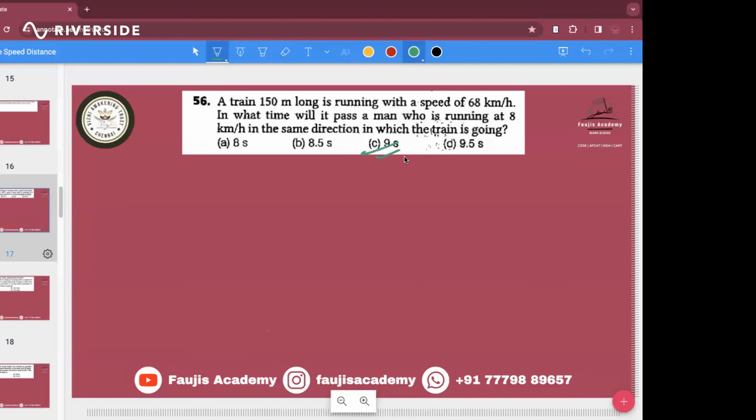That's correct. Time is equal to distance by speed. Distance is 0.15 kilometers. Speed is 60 kmph, this is per hour. When we have to do it in terms of seconds, we multiply by 60 and again 60.